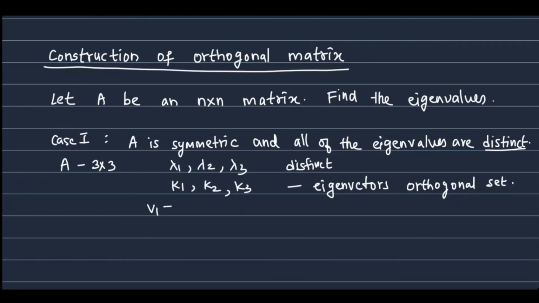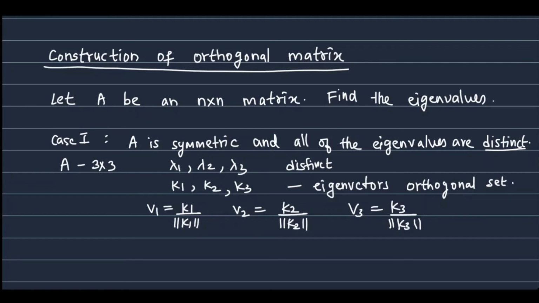So let v1 equal k1 divided by norm of k1, v2 equal k2 divided by norm of k2, v3 equal k3 divided by norm of k3. When we divide a vector by its norm, its length will be 1. Now what is the norm of v1? It is norm of k1 divided by a constant, so it will be norm of k1 by norm of k1, which is 1.